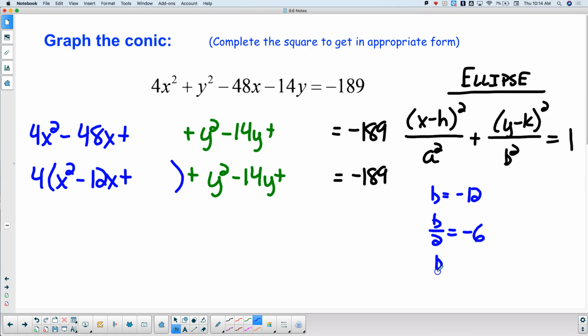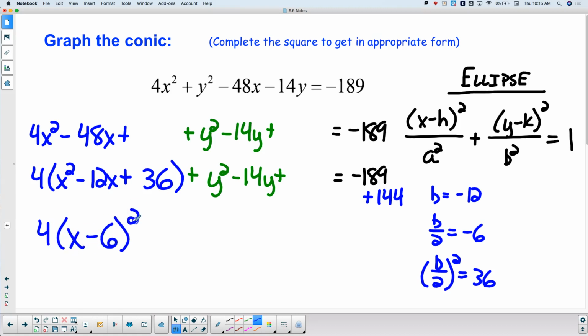I take that number and square it. So this gap gets filled with 36, but that's inside a set of parentheses that's being controlled by 4, so really I'm adding 144 to that side. So to keep it in balance, I'm going to have to add 144 to the other side. The nice thing is then that this side factors to be x minus 6 quantity squared, times the 4 in front.